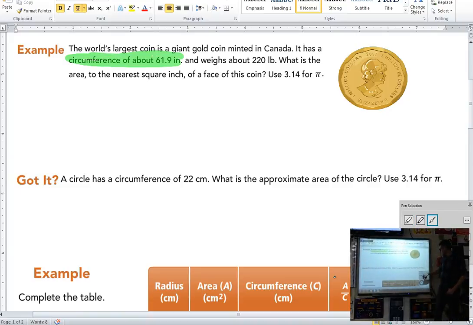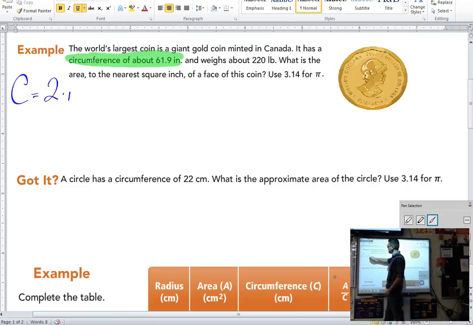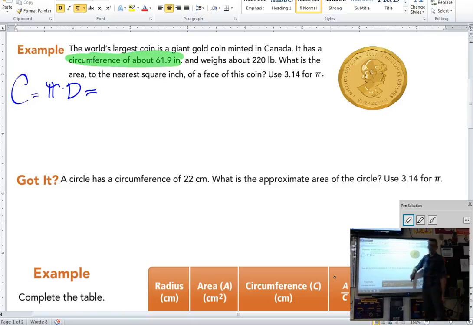So we want to set up a circumference formula. So circumference equals 2 times pi times the radius. Or we could just use pi d. So actually, let's use pi d. So I'm just setting this up because then we can also say equals.